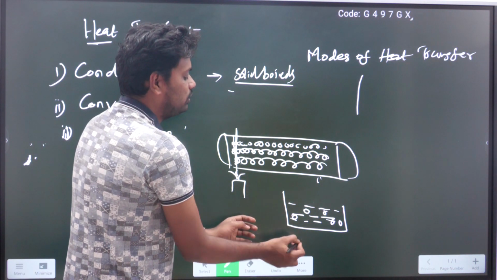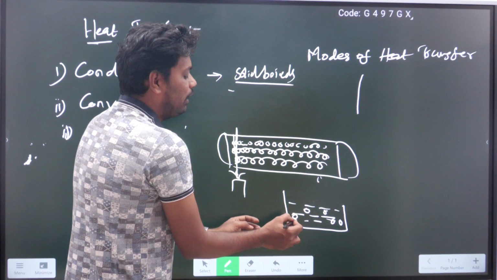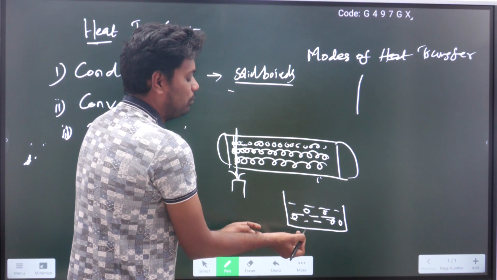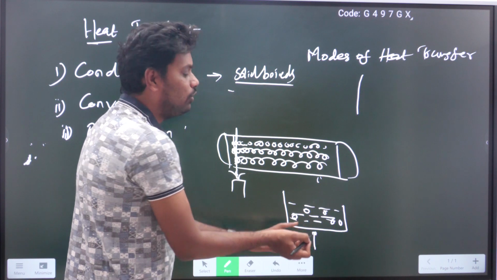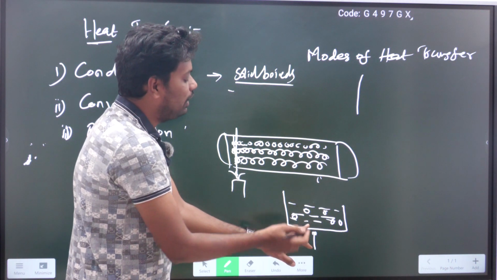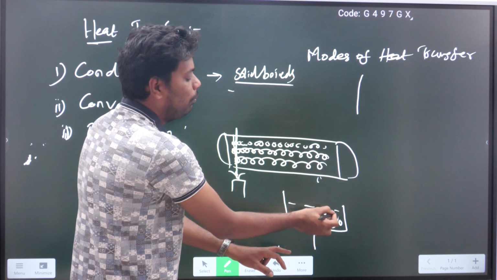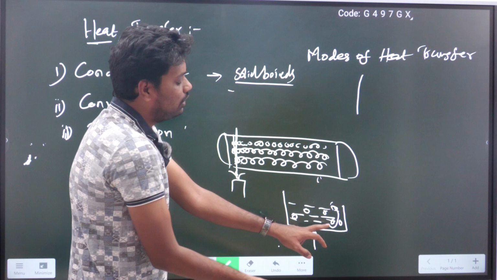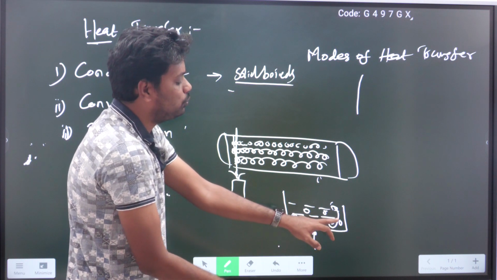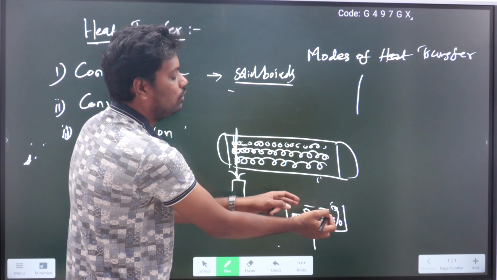Just opposite to a solid, when I heat this water, the molecules will start to move. When I heat the molecules at the bottom, their density will come down, so the low density molecules will move up to the top surface and transfer the heat. So the molecules are moving and transporting the heat from the bottom region to the top region.